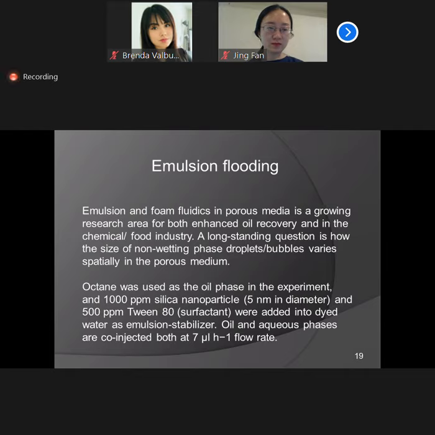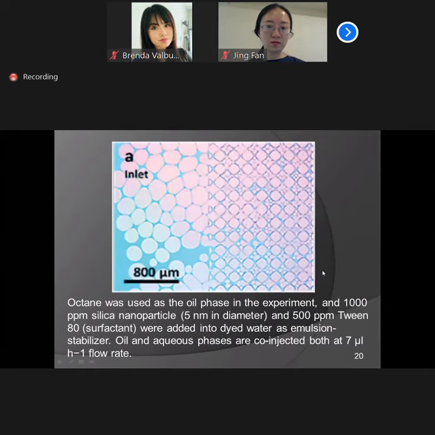Oil and aqueous phase are co-injected at 7 ml per hour. Here we can see the oil and the water incoming into the 2.5D model from left to right.